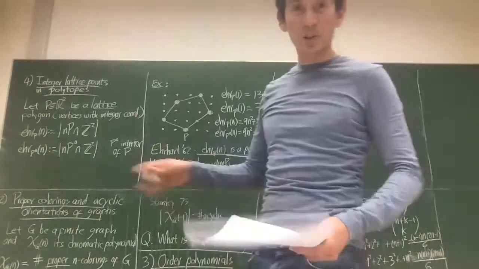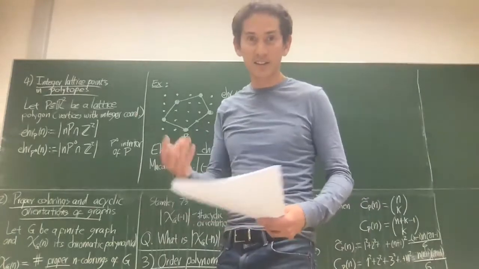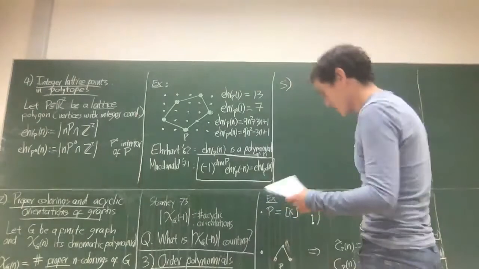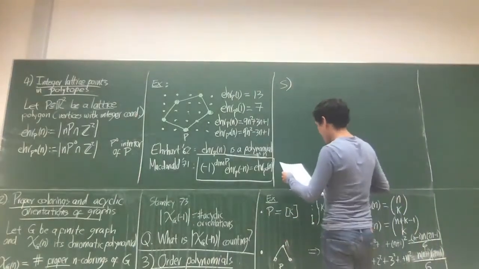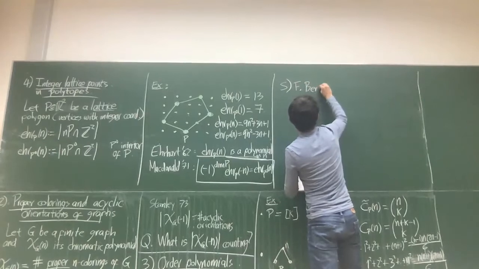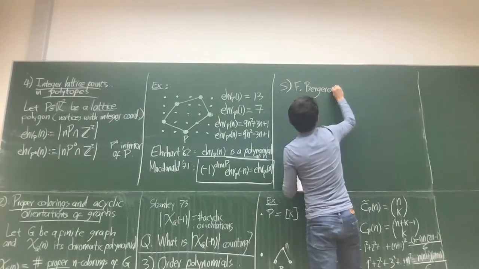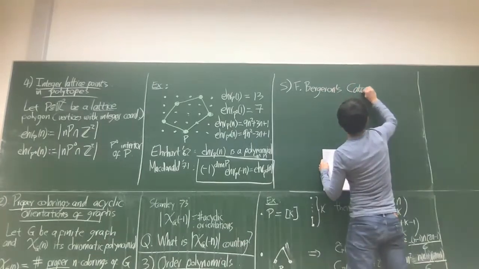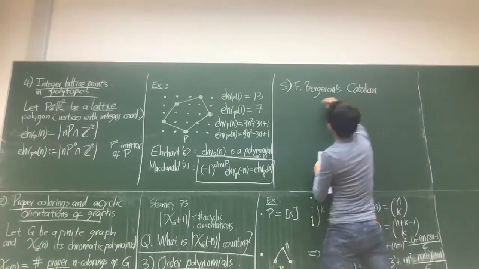But I will just try to put it in laid down terms which are understandable to anyone. So 5, François Bergeron's Catalan reciprocity.